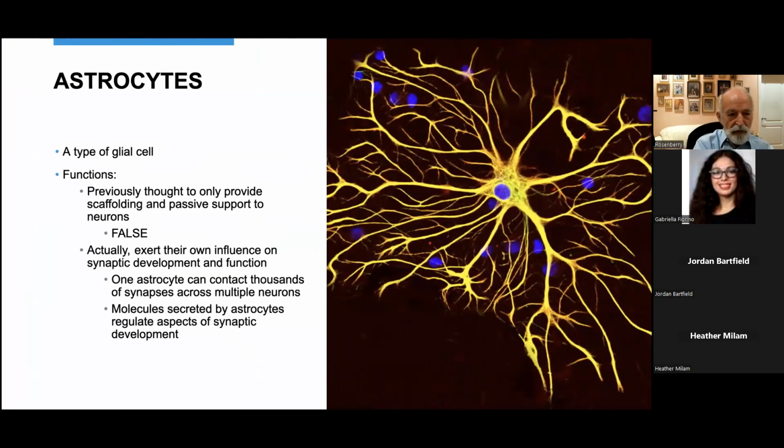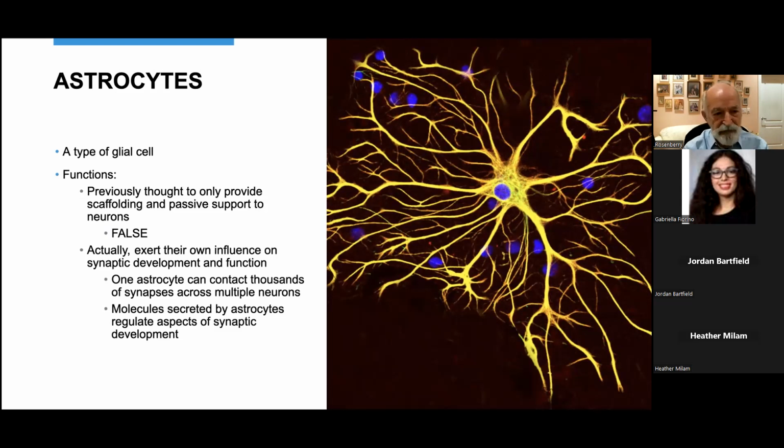In addition to neurons, there are other cells in the nervous system. One type of cell is called an astrocyte. It's a type of glial cell, and its functions are thought to only provide scaffolding and passive support to the neurons in the early stages of research.